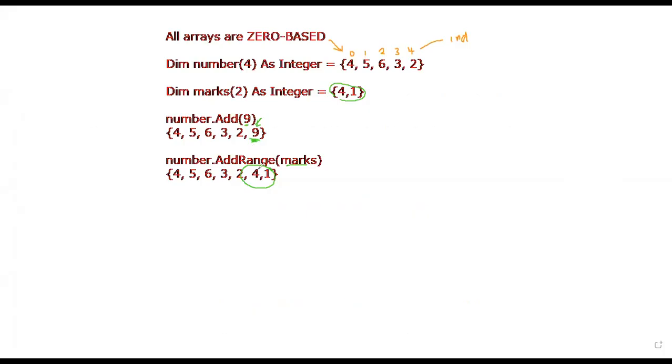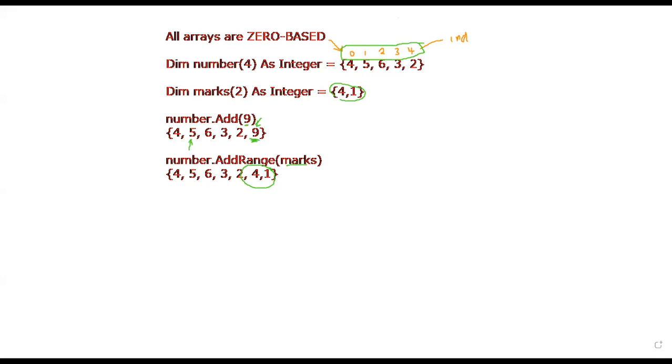So for instance, insert can insert the value over here before the 5. With the insert, it takes note of what? The index, that's the position. It takes note of the index before inserting the value.